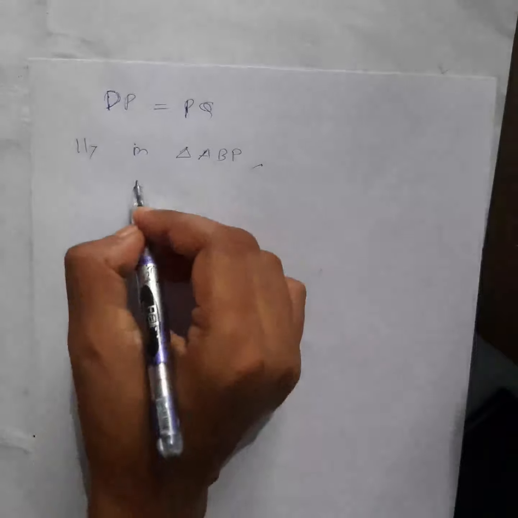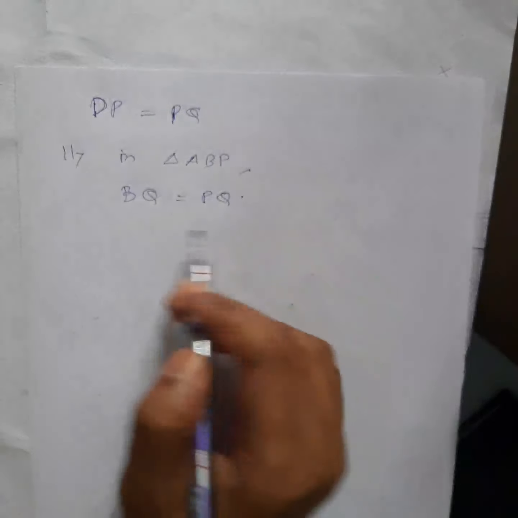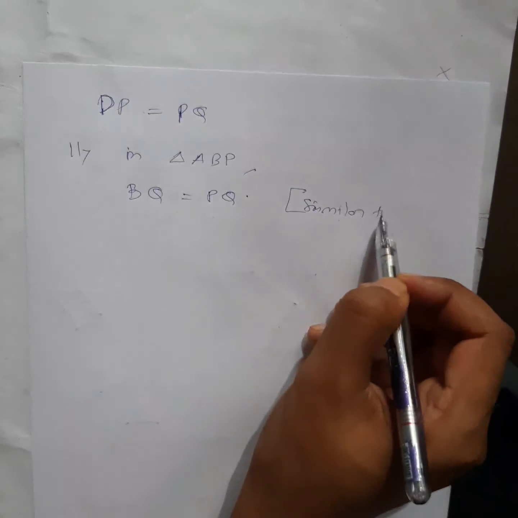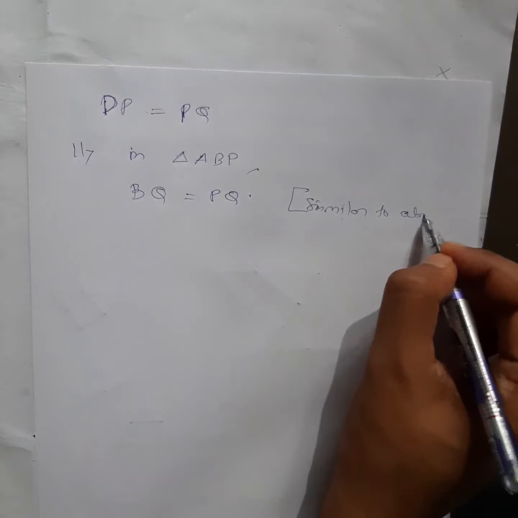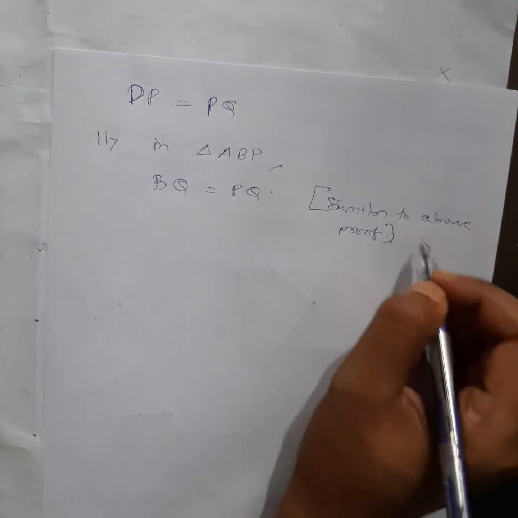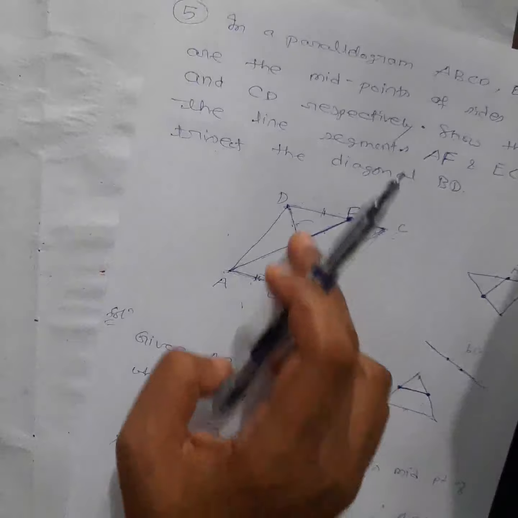I will write BQ is equal to PQ. How I got this one? Similar to above proof. Similar to above proof means whatever I prove here, similarly I can prove this. BQ is equal to QP.